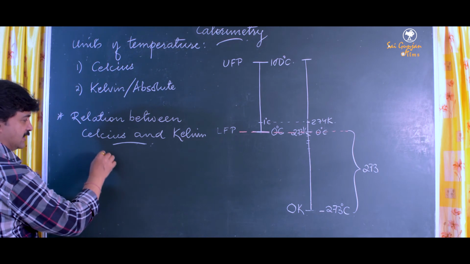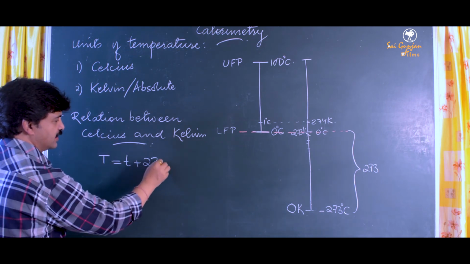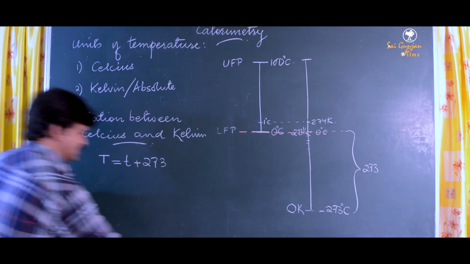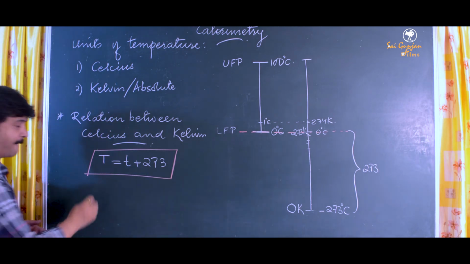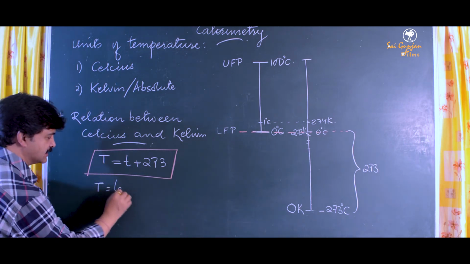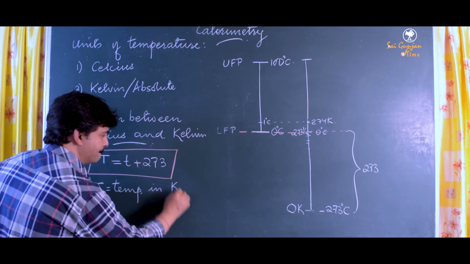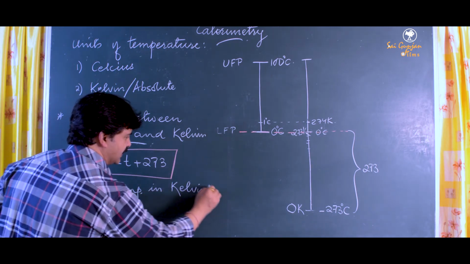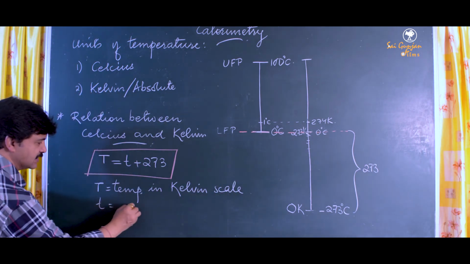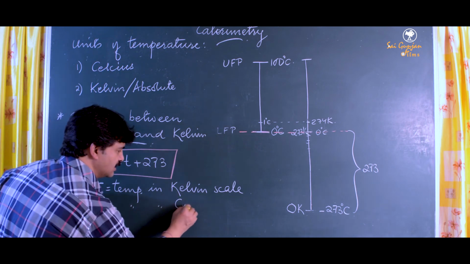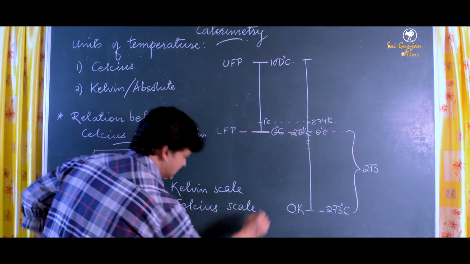so we write the relation like this: T is equal to small t plus 273. So this is the formula, where capital T is the temperature in Kelvin scale and small t is the temperature in Celsius scale.